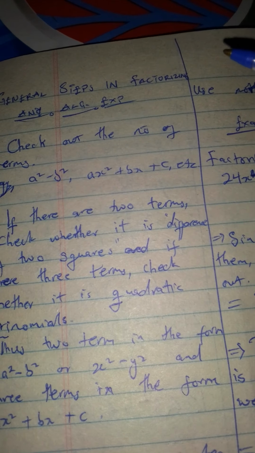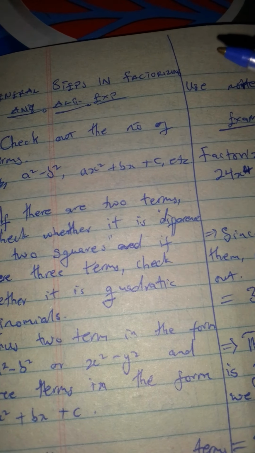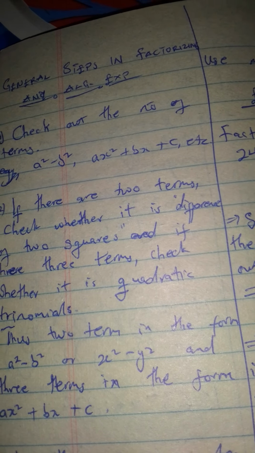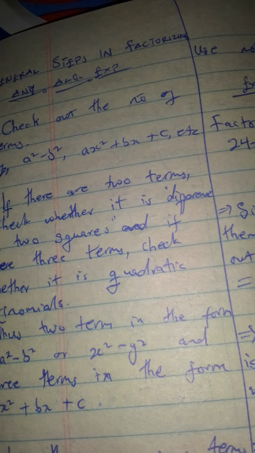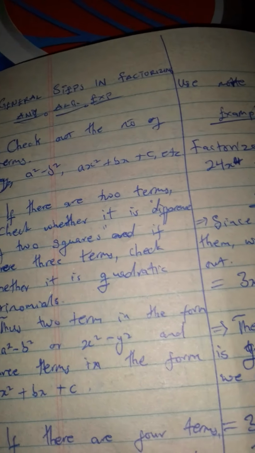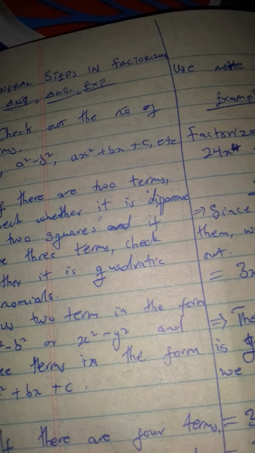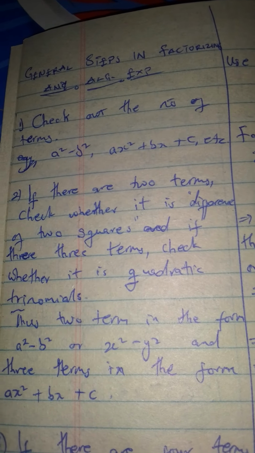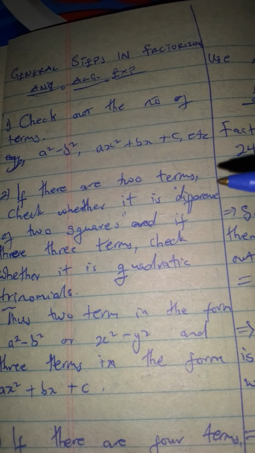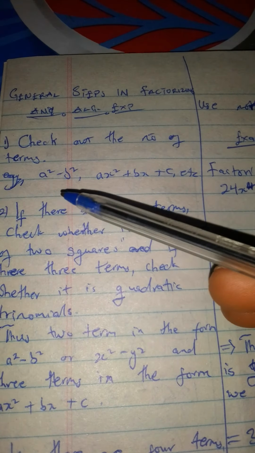If it is of the form, let's say, 2ax squared plus so and so to the third term, it is three terms, right? When it is four terms too, you just have to know the exact method that you need to apply.